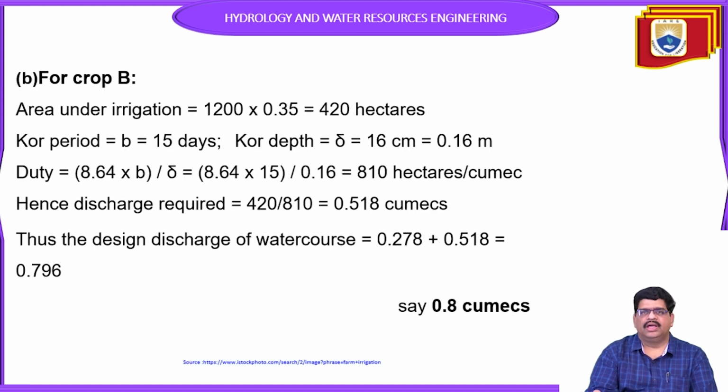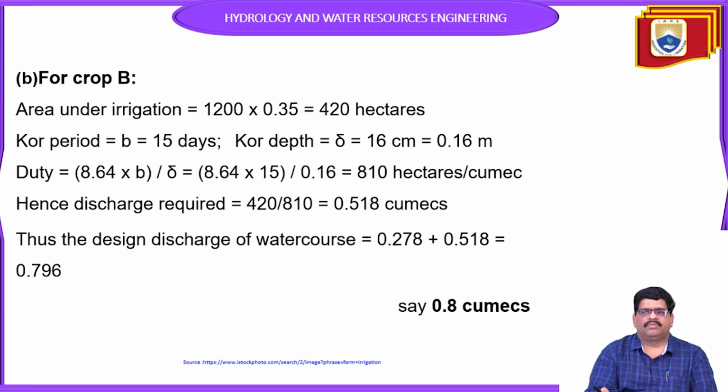Next, crop B. The area under irrigation is 1200 into 0.35, which is equal to 420 hectares. Next, the core period B is 15 days. The core depth is 16 centimeters, which is 0.16 meters.